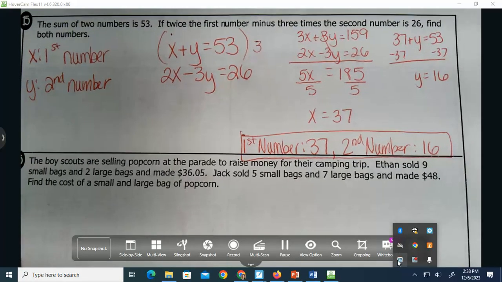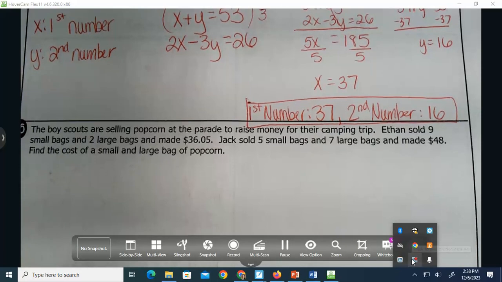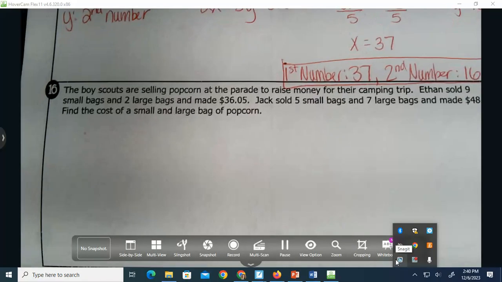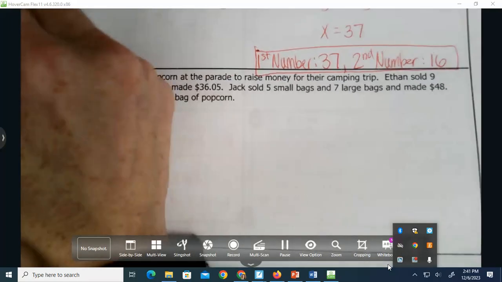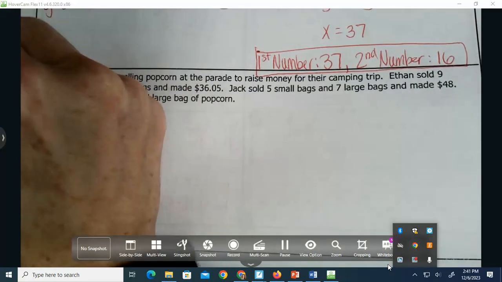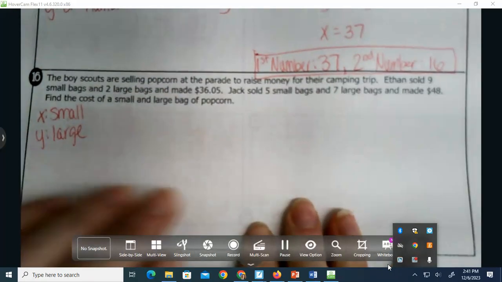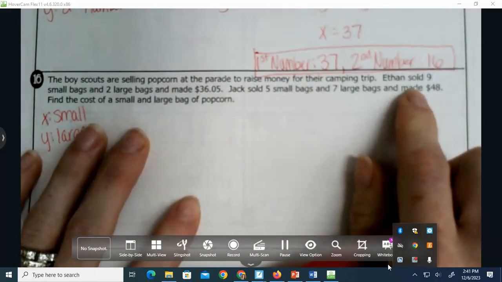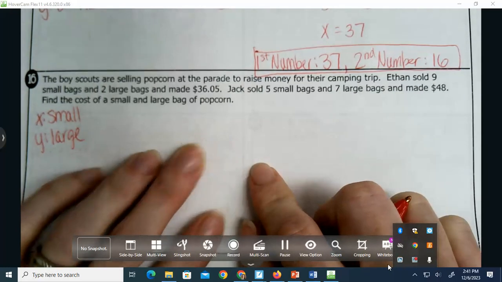Okay, I want you guys to try number 16. Let's check and make sure our equations are right. What are the x and y in this one? Okay. So Ethan had 9 small and 2 large and made $36.05.